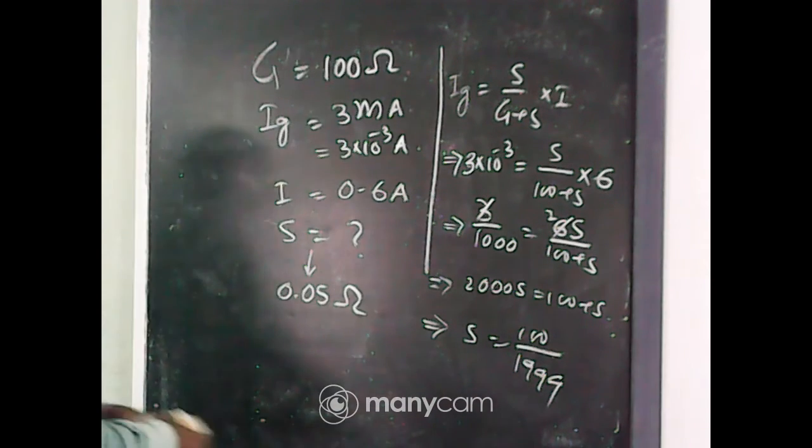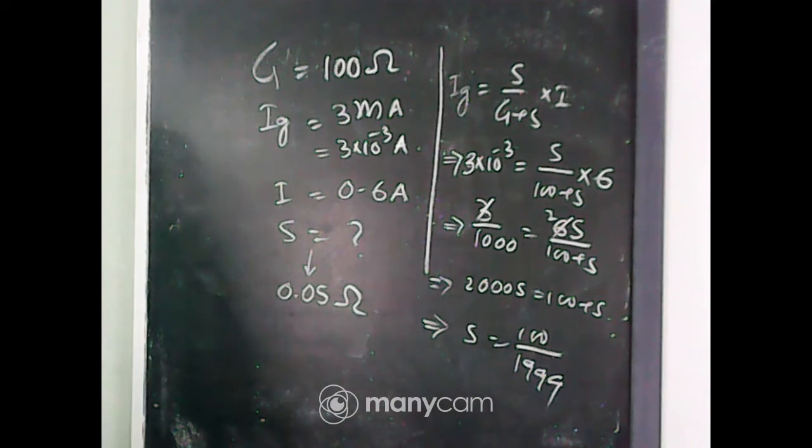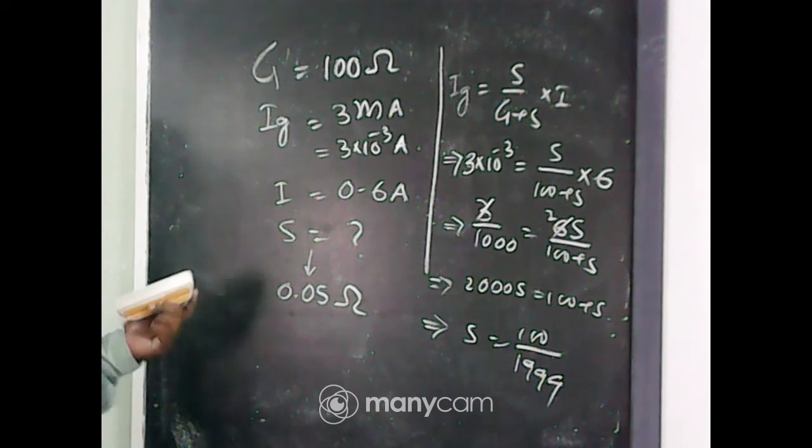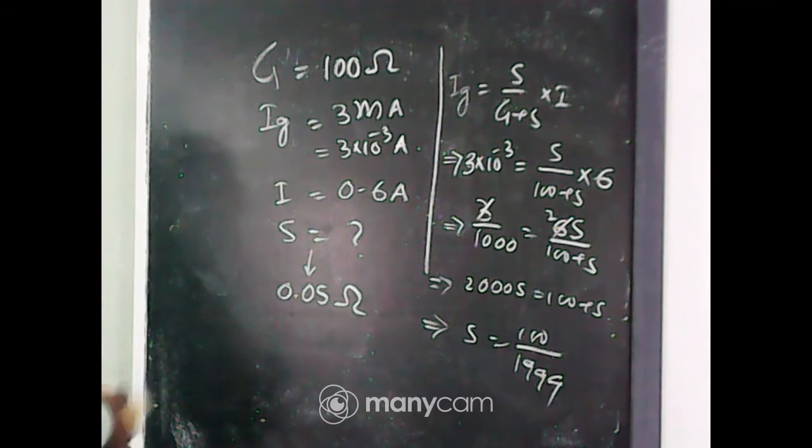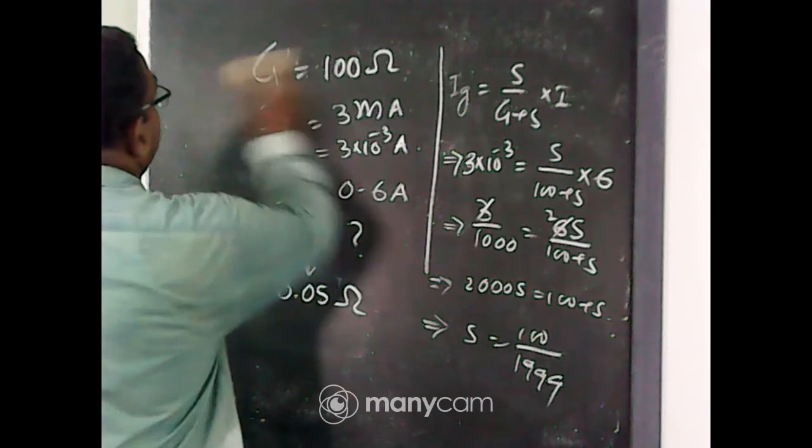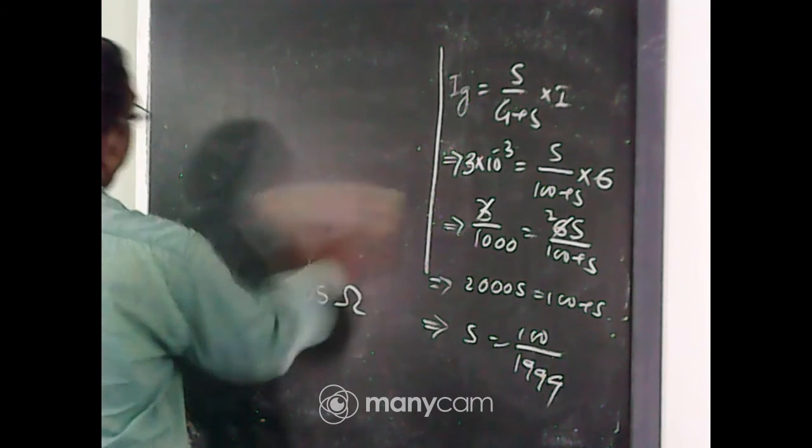Next numerical, you change the ammeter. Next is the voltmeter. How can we convert it?